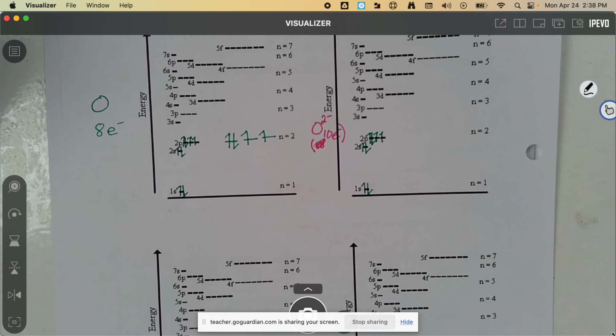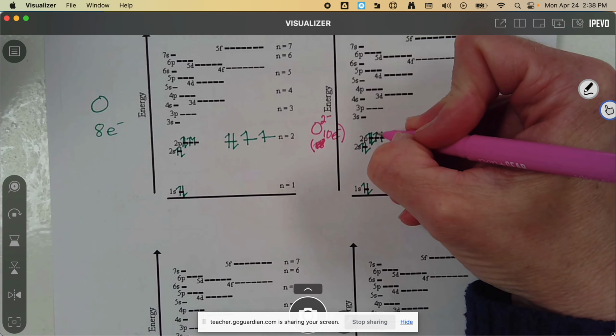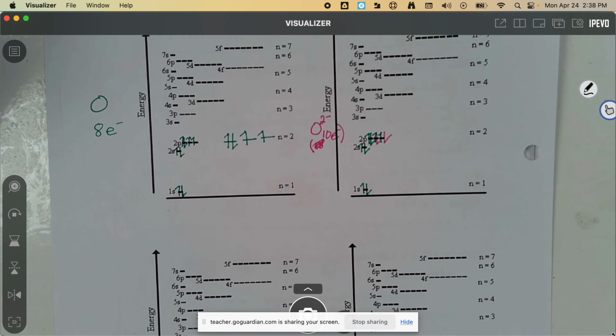So there's the 8 I had originally. If you need to make negative ions, you just keep going. I have to put in 2 more electrons. And I've made oxide. So making a negative ion is relatively simple.